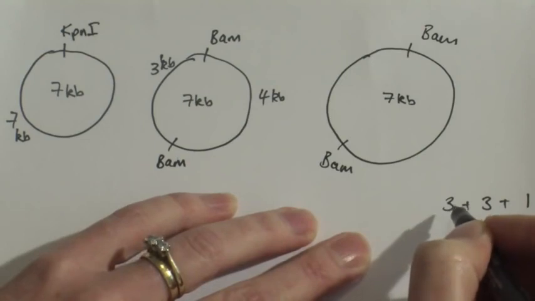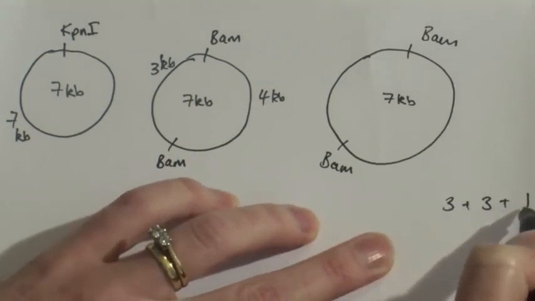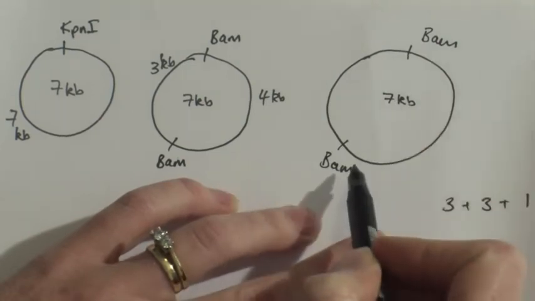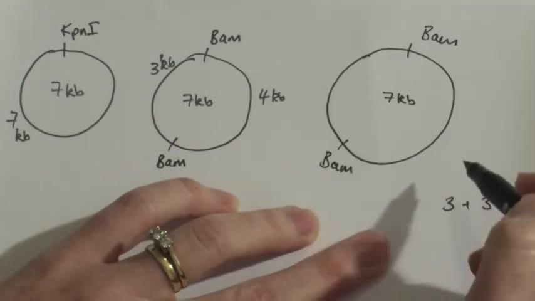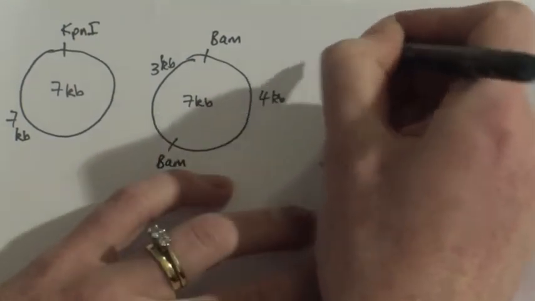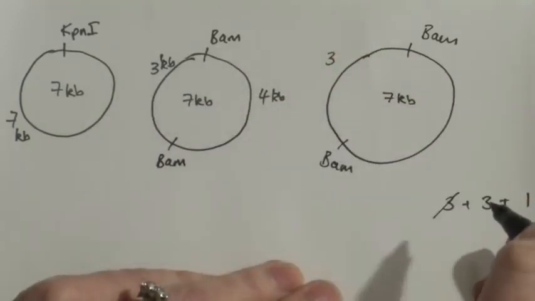Now, the bands that I got from my double digest were a 3 kb, a 3 kb and a 1 kb. So how can I imagine where the KpnI cut to give me these bands? Well, I've already got this 3 kb here, this BamHI to BamHI was 3 kb, so that's one of these taken care of.